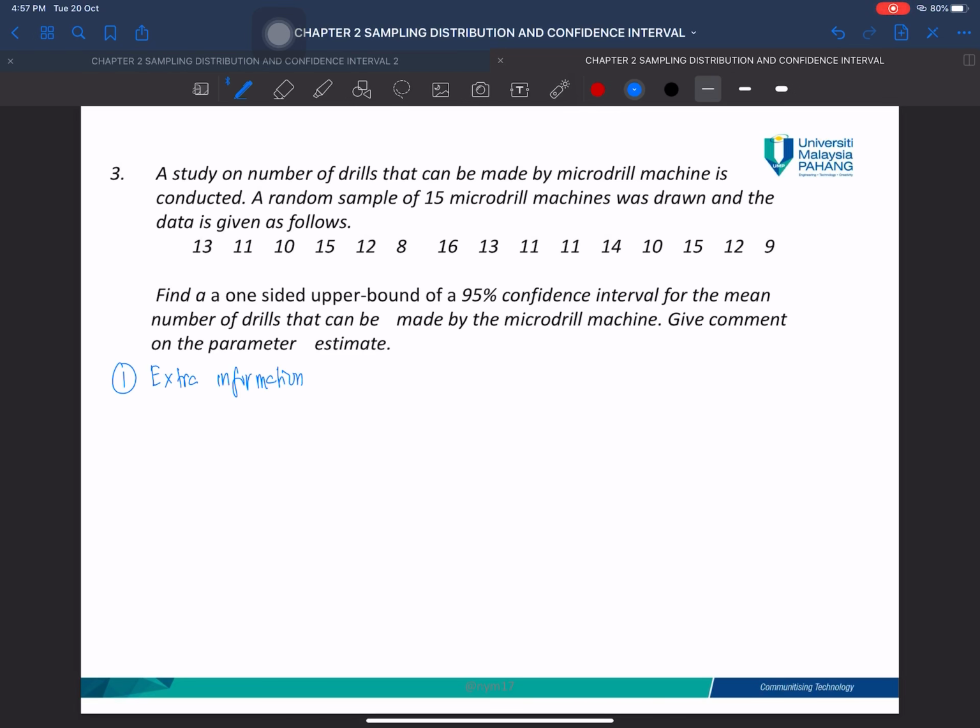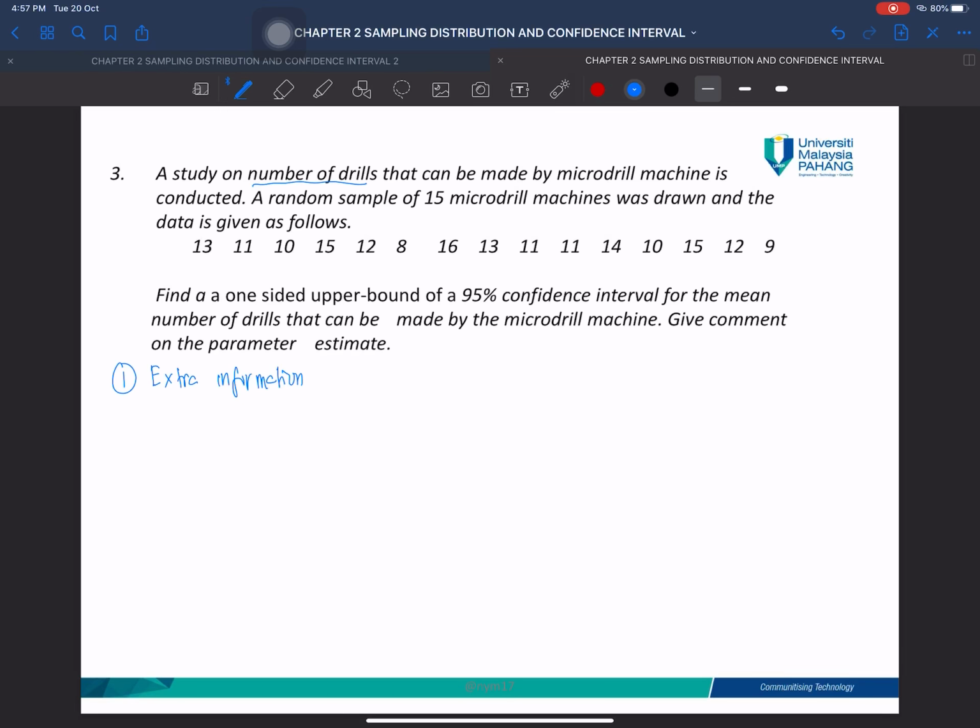A study on the number of drill that can be made by a micro drill machine is conducted. A random sample of 50 micro drill machines was drawn and the data is given as follows. So we have 15 samples of micro drill machine, and the data here is about the number of drill that can be made.